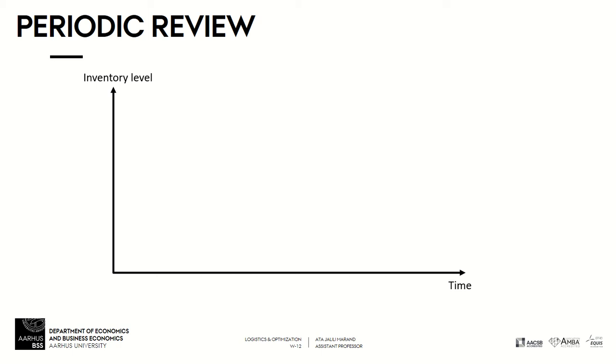But here we only review the system at certain points of time. Assume we have weeks here as our time units. This is, let's say, the current moment, and then we have week 2, week 4, week 6, and so on.